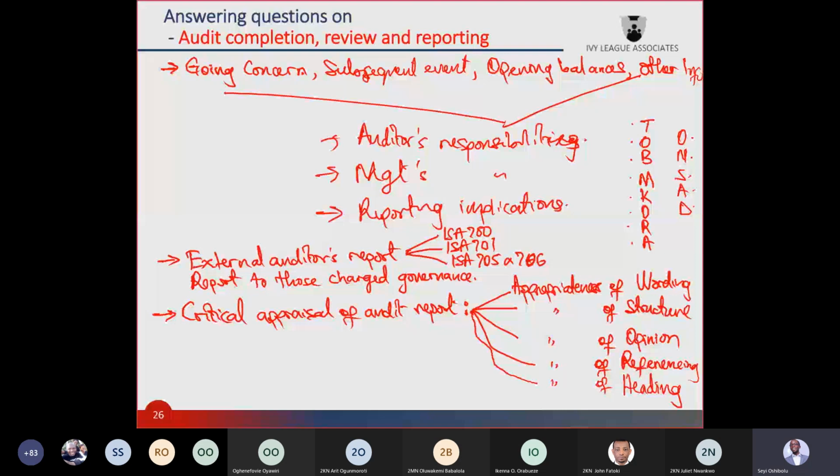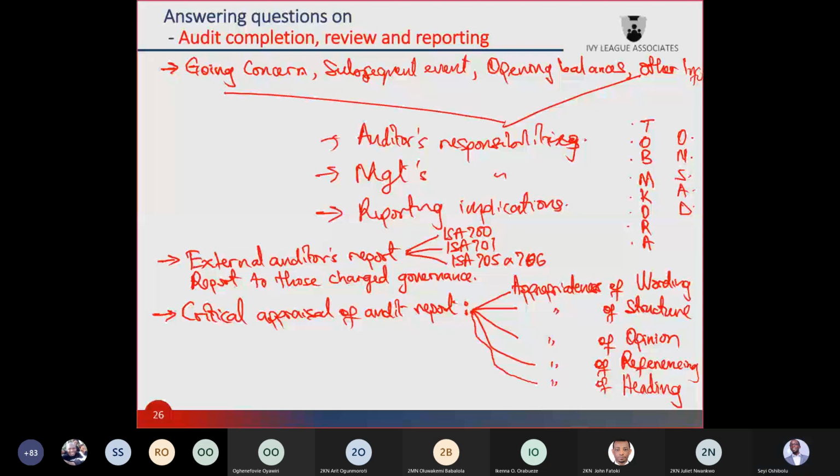For example, your opinion paragraph is called opinion when your opinion is unmodified. But the moment your opinion is modified, then the title of the paragraph must reflect the type of modification. So you either call it qualified opinion, or you call it adverse opinion, or you call it disclaimer of opinion.